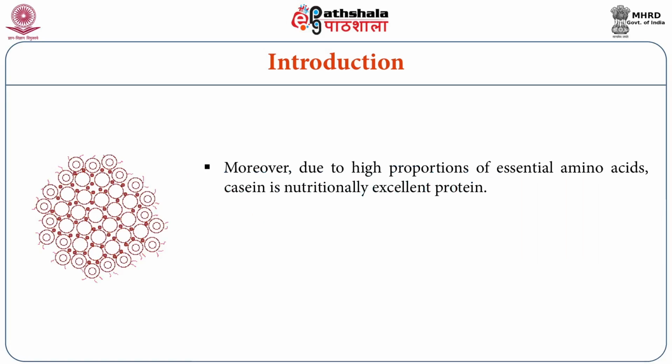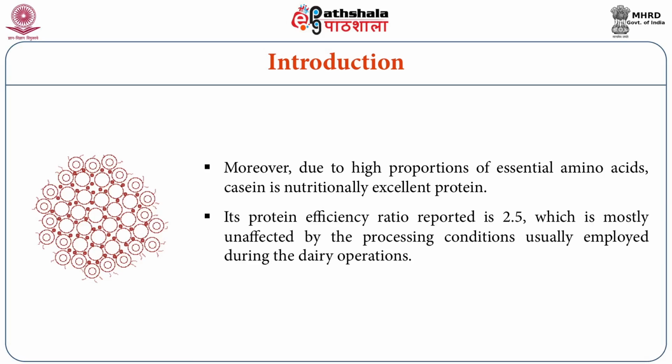Moreover, due to high proportions of essential amino acids, casein is nutritionally excellent protein. Its protein efficiency ratio reported is 2.5, which is mostly unaffected by the processing conditions usually employed during the dairy operations. So, this is added advantage for use of caseinates in dairy and food industry.